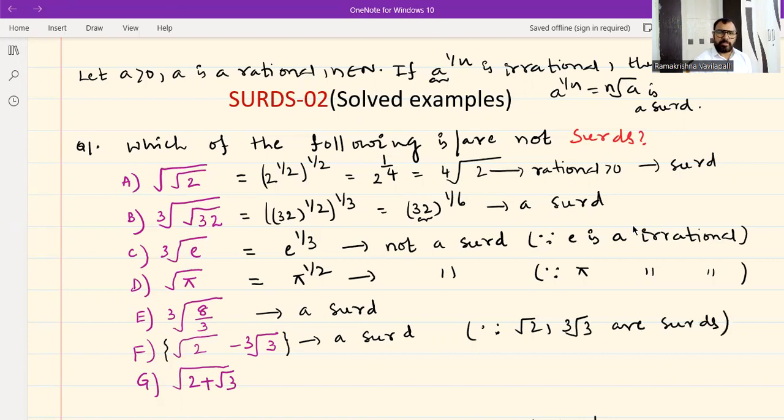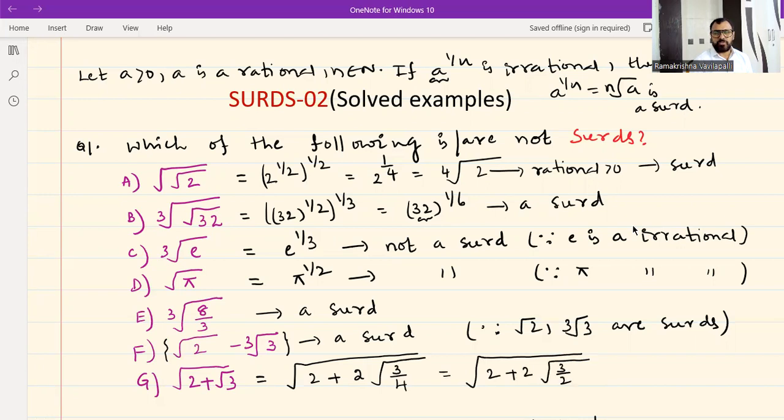Now coming to the last example, square root of 2 plus root 3. We can write this as 2 plus, here multiply by 2 and inside divide by 2, 3 by 4. So this is equal to 2 plus 2 into, inside, I can write 3 by 2 into 1 by 2.